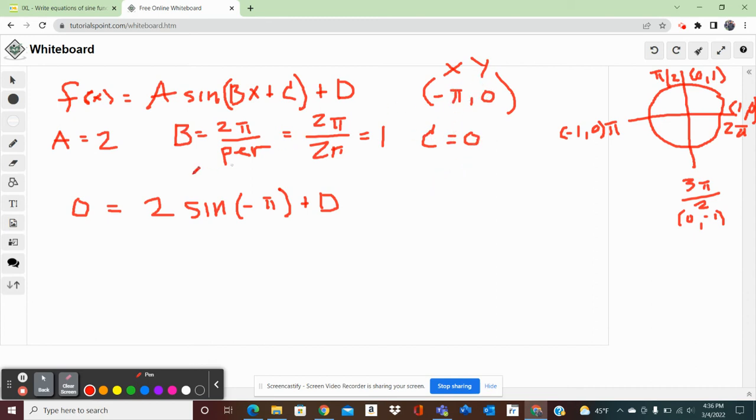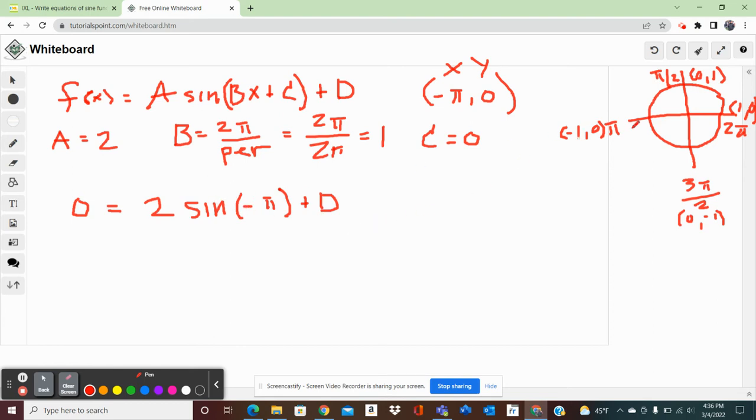We substitute in for x and y. You have 0 is equal to 2 sine of negative pi, plus d. Well, sine of negative pi, starting from here at negative pi, our y value is 0. Now, if you had the cosine function and they said negative pi, then that's when you would use the x value. But since we're doing all sine functions, we're only paying attention to the y value.